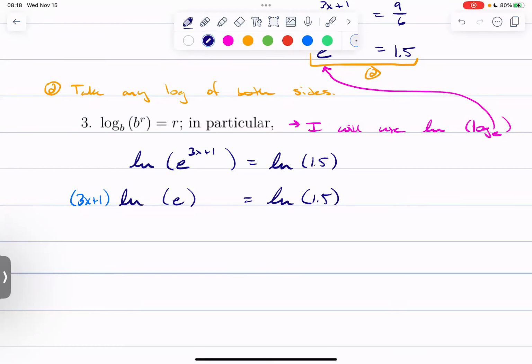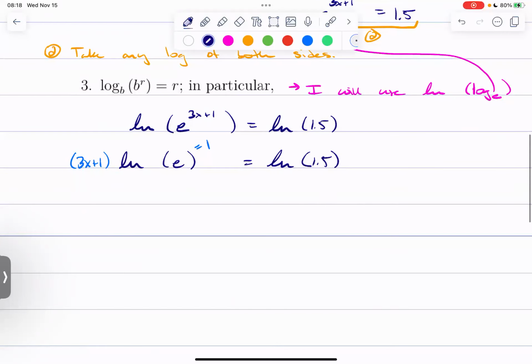But if you do the natural log of e on your calculator, it'll be 1. So that was our strategic move. And that's why we use the natural log, because then we just have 3x plus 1 is the natural log of 1.5.